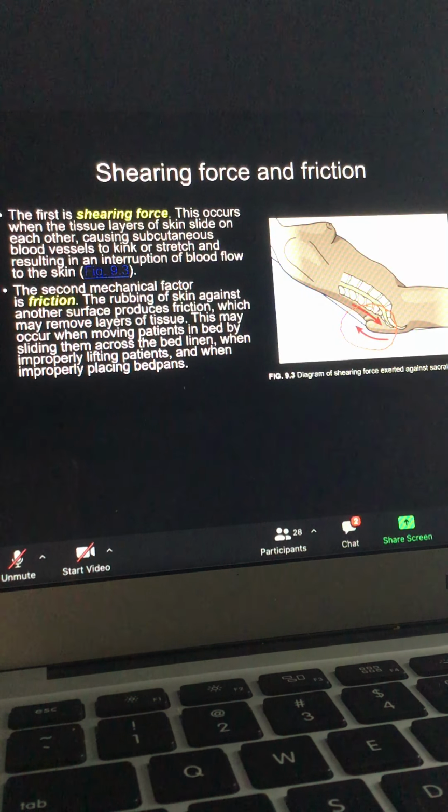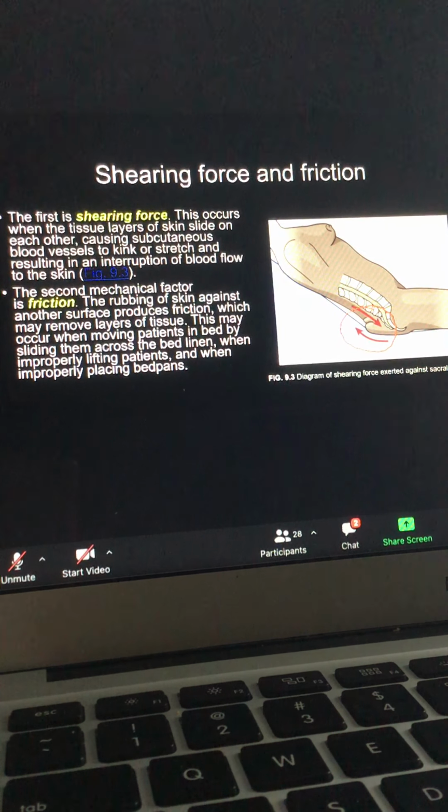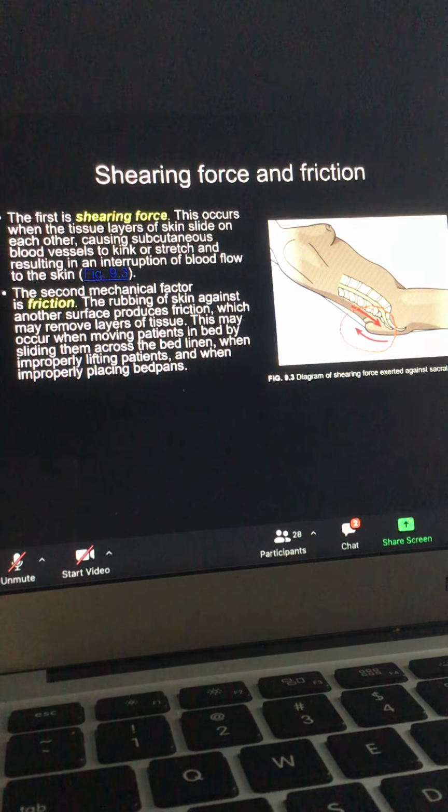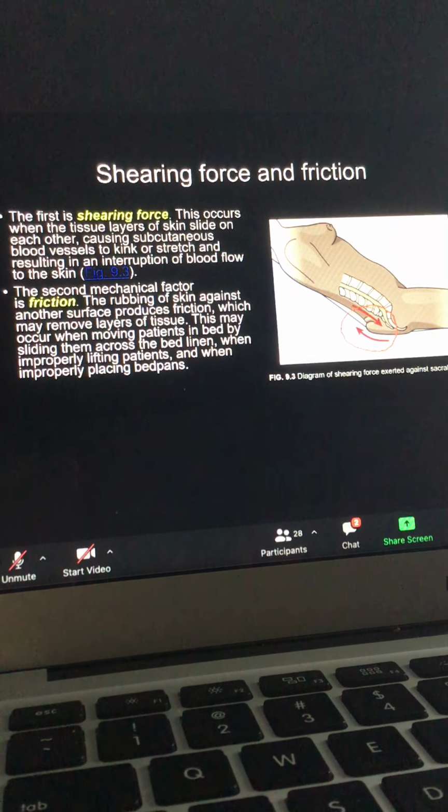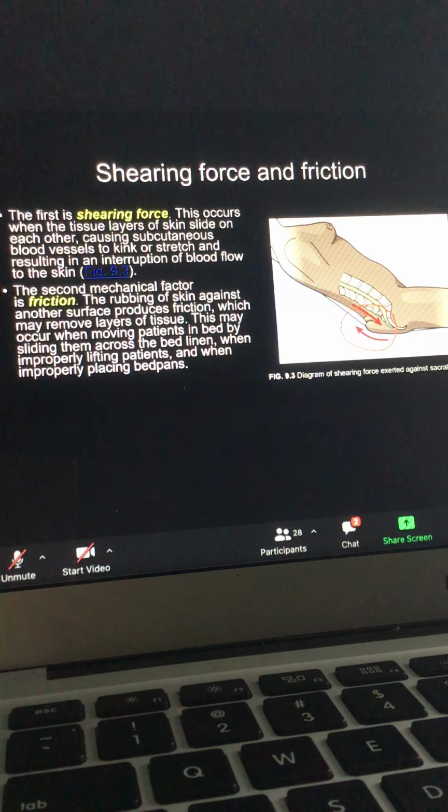And then the main difference, if you want to ask further: the injury caused by the shear force is deeper in the tissues. You may not see it. The patient already has sustained an injury and you still won't see it. Unlike friction, if there is an abrasion that developed in the patient's skin, we can visually see the damage.